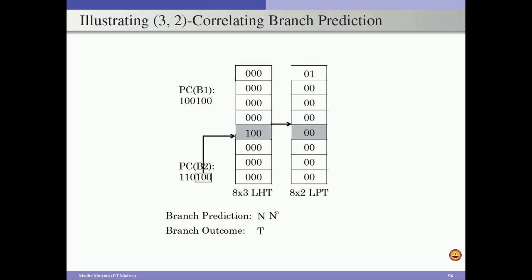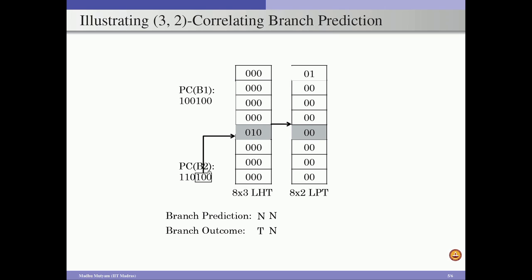So, this is n, and the actual outcome is also n. As a result there will not be any change in the value of this, but because this is the second prediction we made, we have to push 0 onto this. Previously it was 1 0 0, now when we push 0 then effectively it becomes 0 1 0.